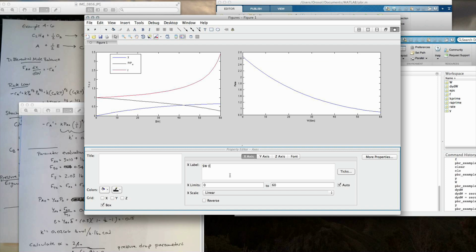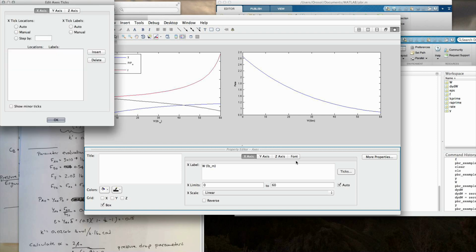So this was M. Actually, maybe you don't need it there either. You need it somewhere. No, it works. Okay, so you can also change your ticks here.